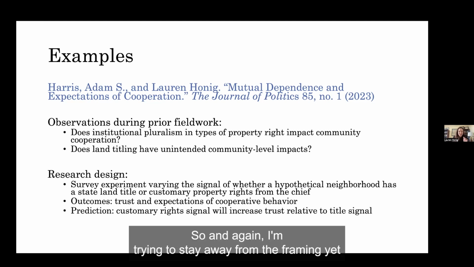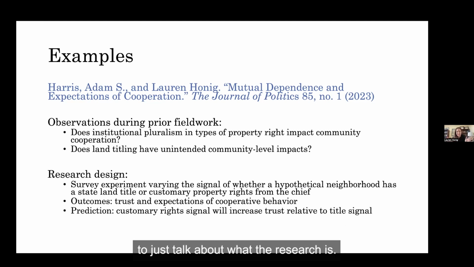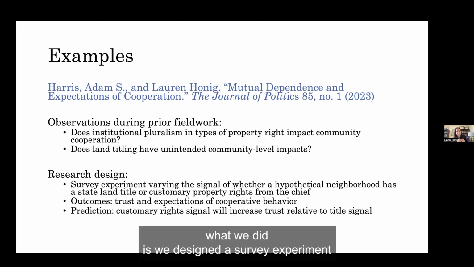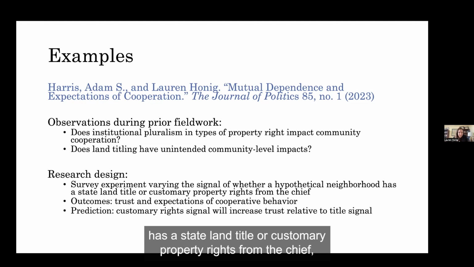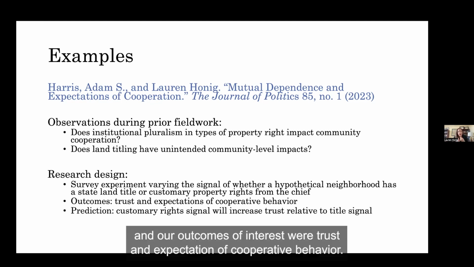So, and again, I'm trying to stay away from the framing yet to just talk about what the research is. So then turning to the research design, what we did is we designed a survey experiment in which we varied the signal of whether a hypothetical neighbor has a state land title or customary property rights from the chief. And our outcomes of interest were trust and expectations of cooperative behavior.